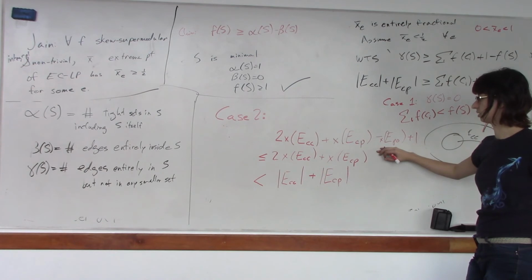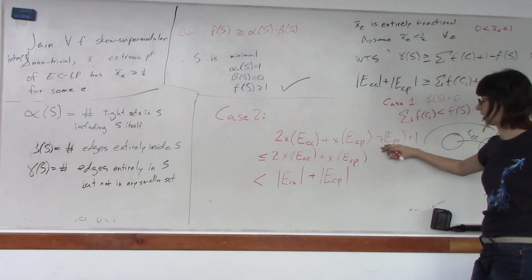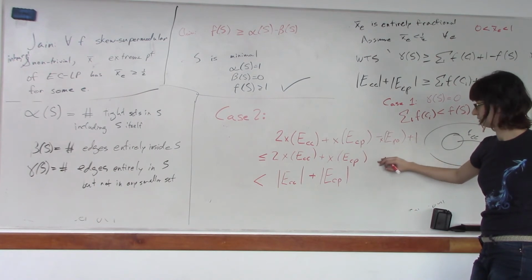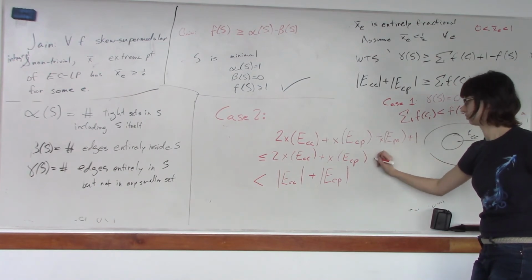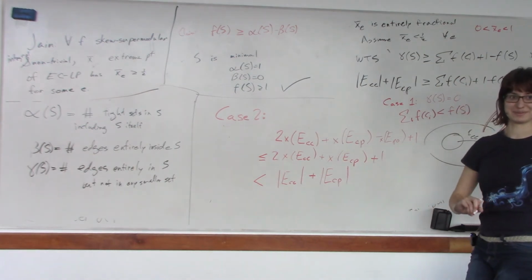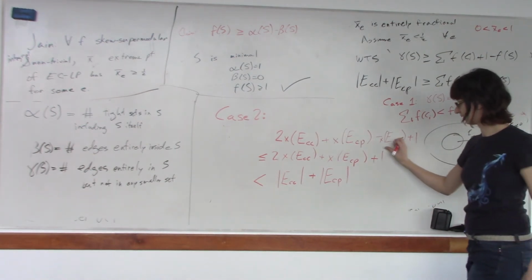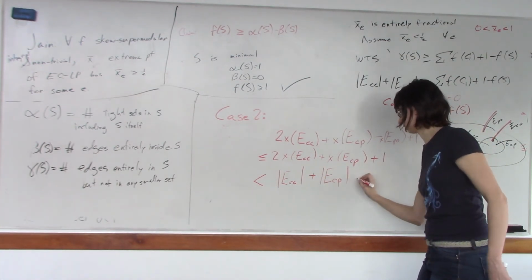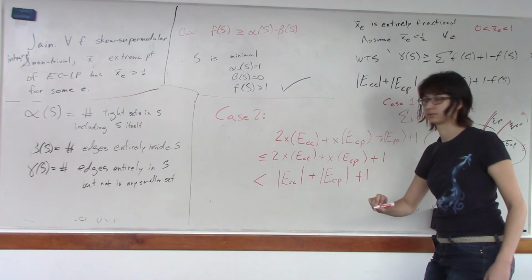I'm subtracting off I think 0. He's worried about the plus 1 that's not carried over. Oh, sorry. Okay, I just forgot about it. So this is strictly less than this plus 1.